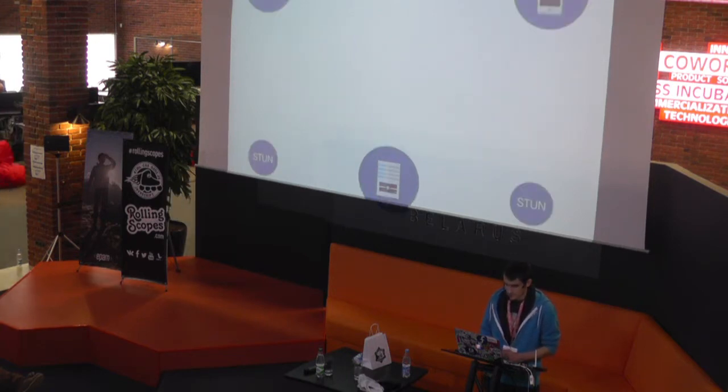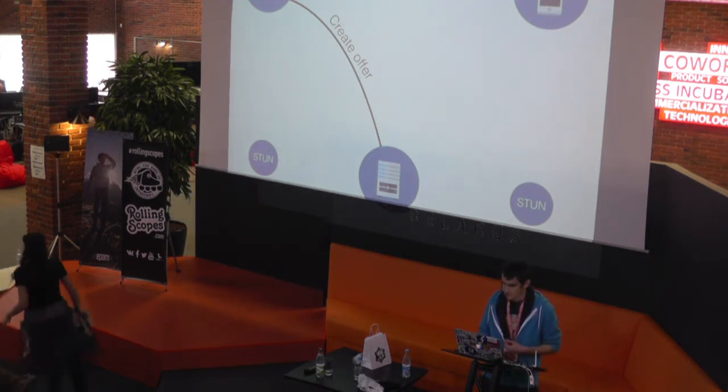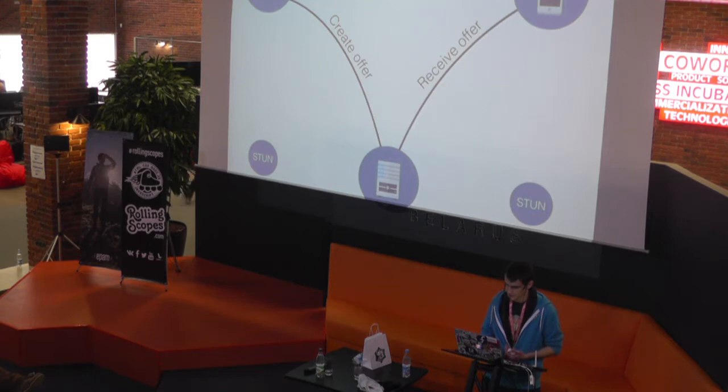That's all. So as soon as they know who is online, as a first step, one of the clients has to create an offer. I hope you can see it well. So this offer goes through the signaling server, and the other client receives it.